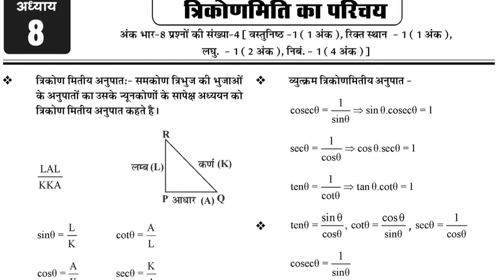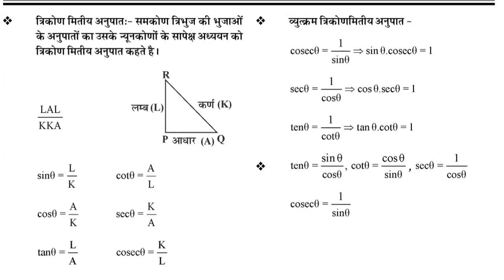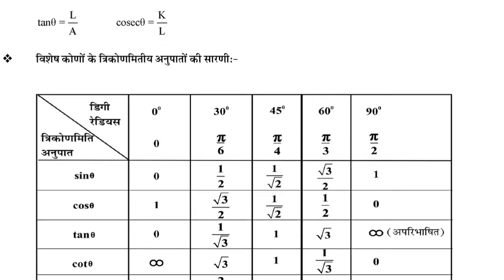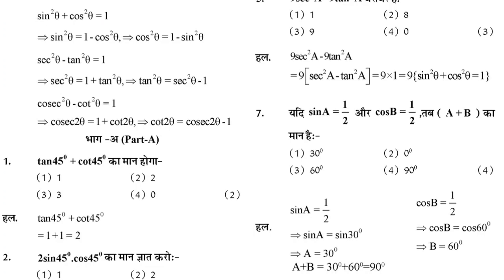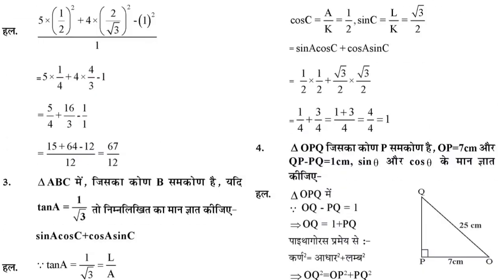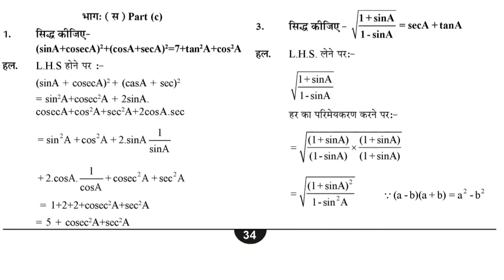Trigonometric ratios and the relations between trigonometric ratios are given, and also the most probable and most important is the trigonometric table. So my dear students, please read it properly and solve all the questions.